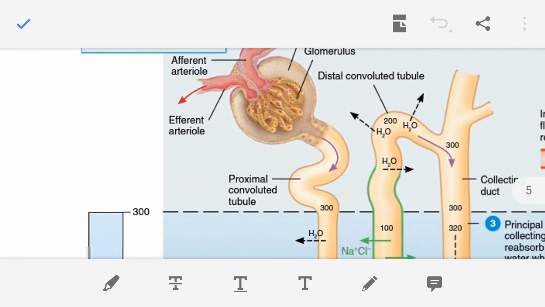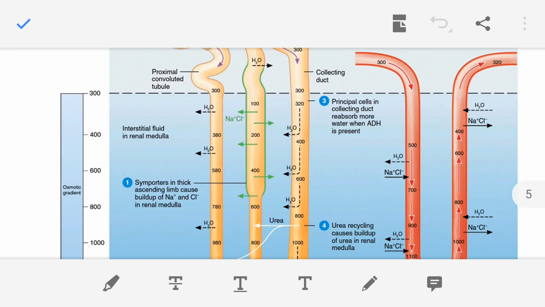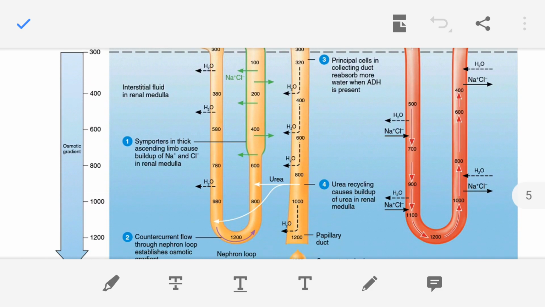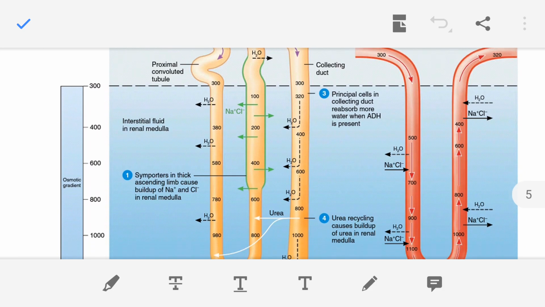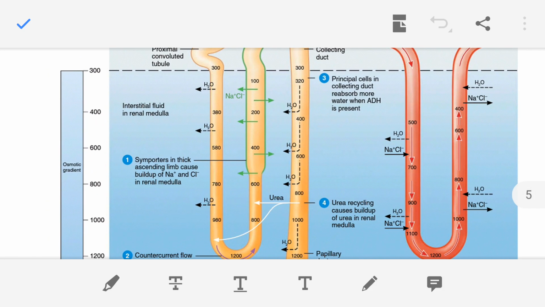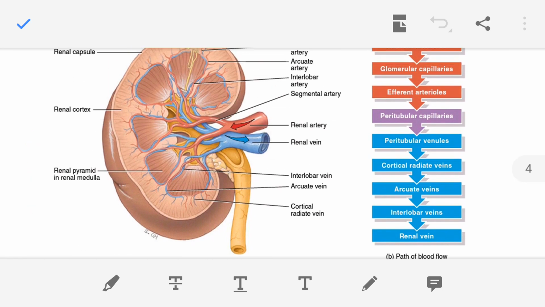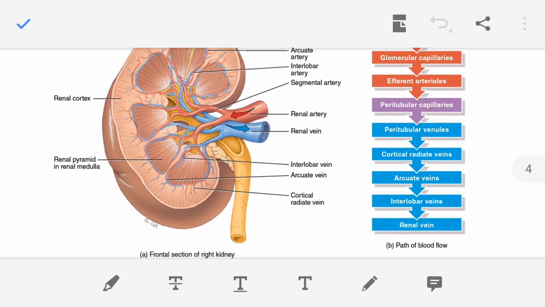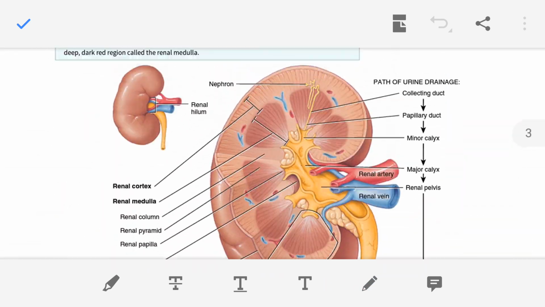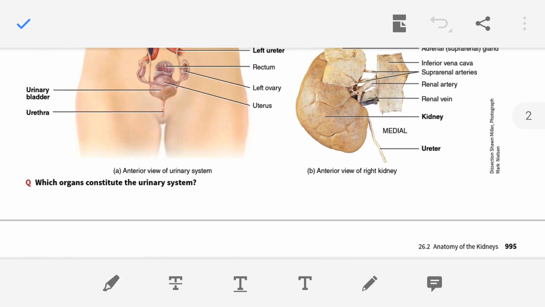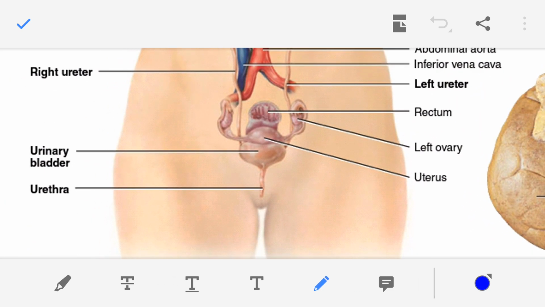If these components are discharged as they are, they will ultimately enter the collecting duct, then the filtrate will be in the ureter, and from the ureter ultimately in the urinary bladder.